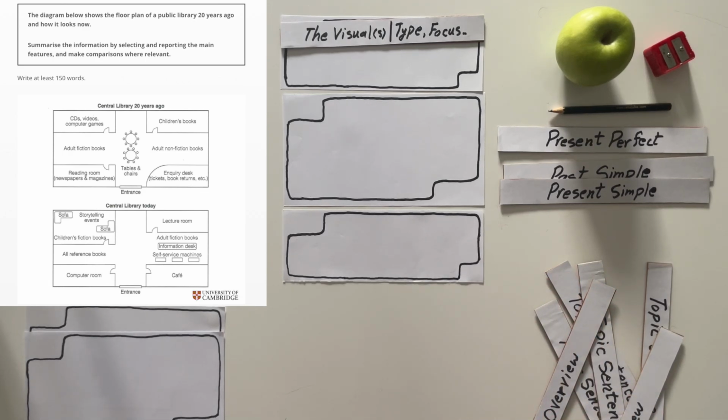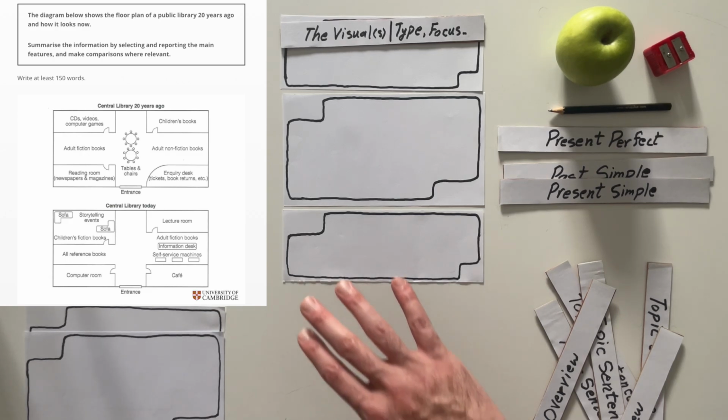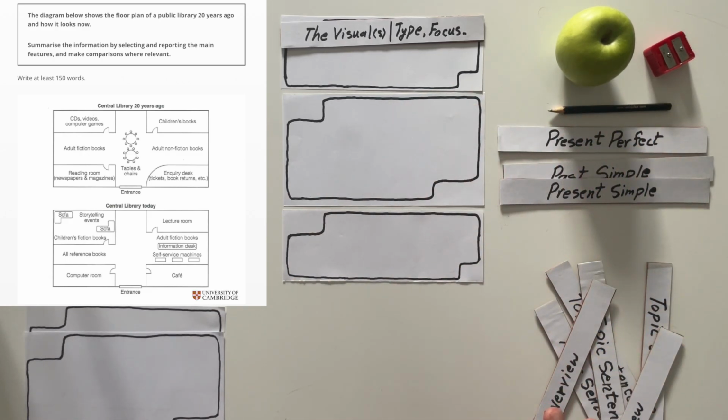Okay, what is significant here? That's an interesting question. Actually, a lot. Really, because when you look at the two maps, almost all elements are different, except maybe the entrance, which can be one of our main points, but I'm not going to choose that. Entrance is a reference point.